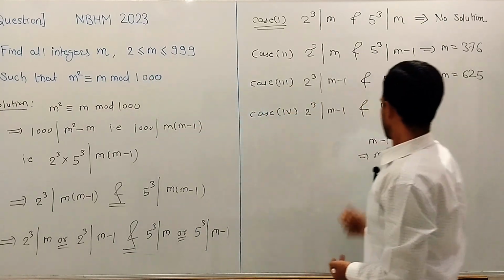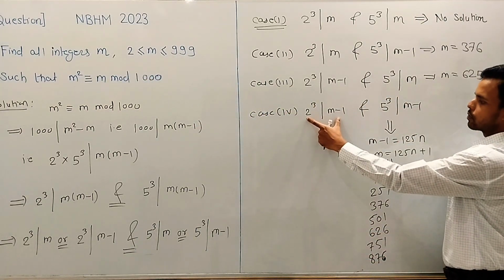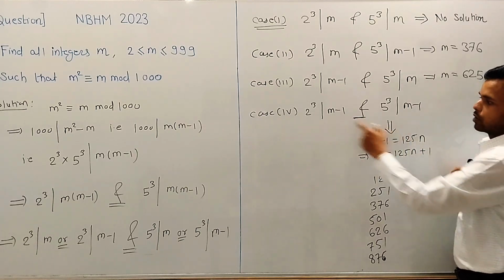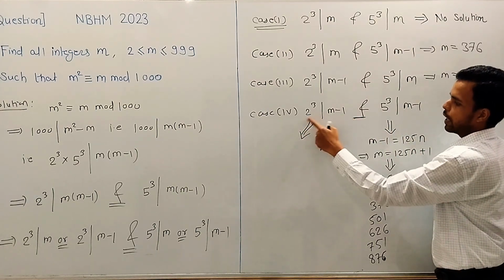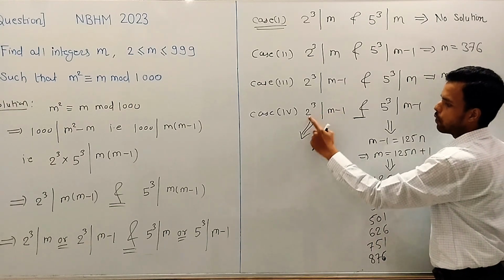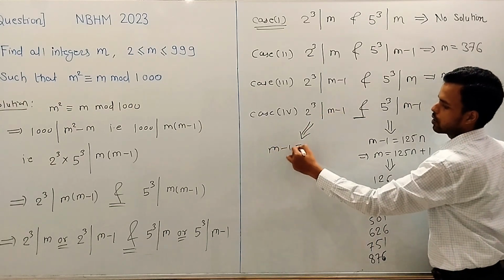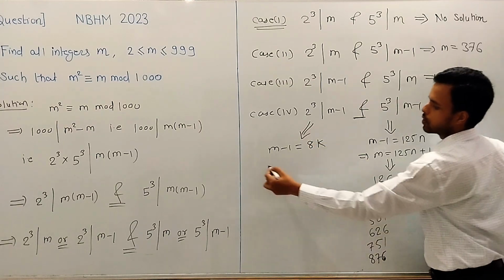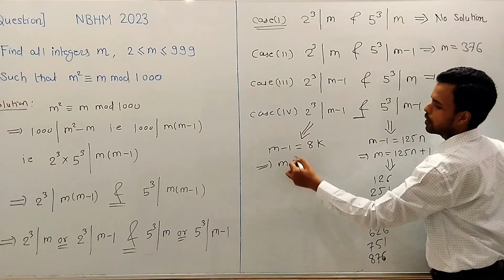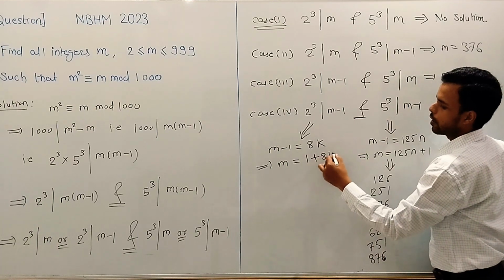But m also satisfies this condition, because there is an and. So this condition, a divides b, so b is a multiple of a. So m minus 1 is a multiple of 8, that is 8k. So this implies m is of the form 1 plus 8k.